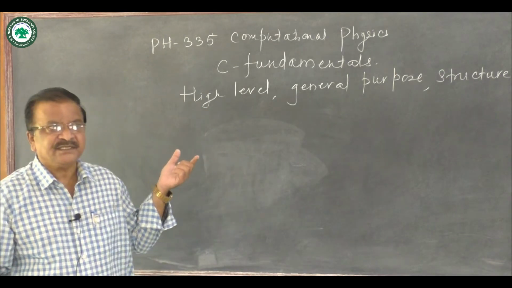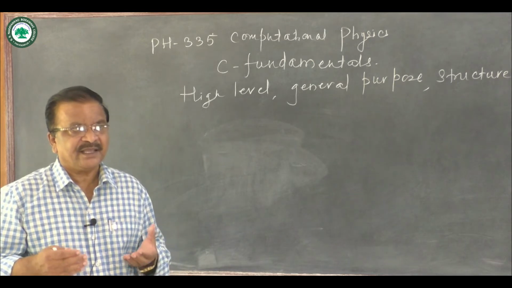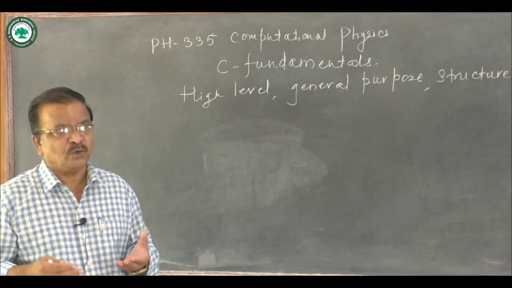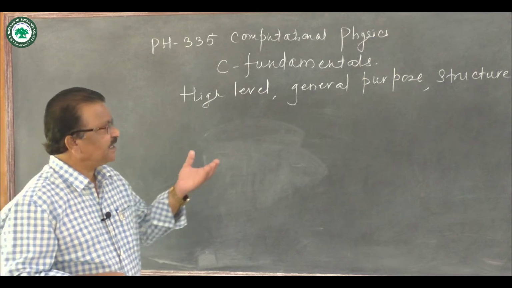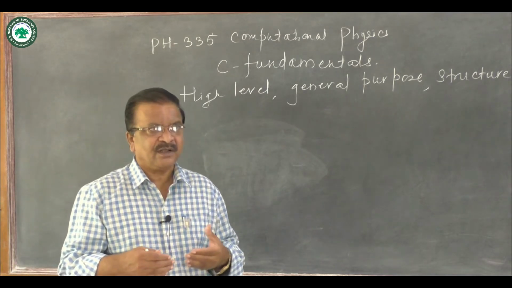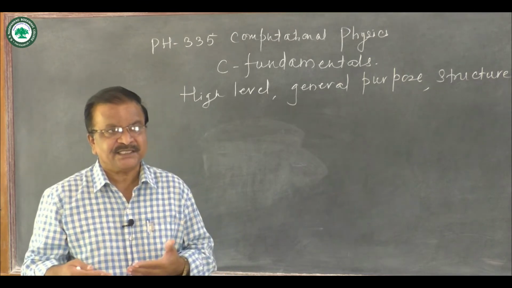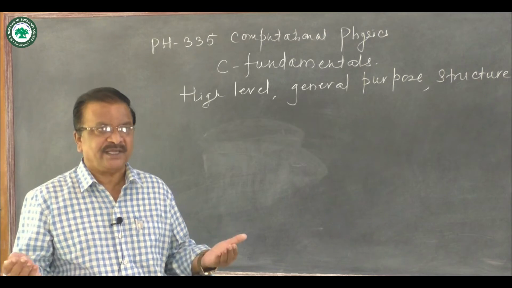High level means it is English-like. It makes use of simple English words like if, else, while, do, goto, etc. General purpose means this particular language is used for developing both system software as well as business packages. So it is used in all areas.